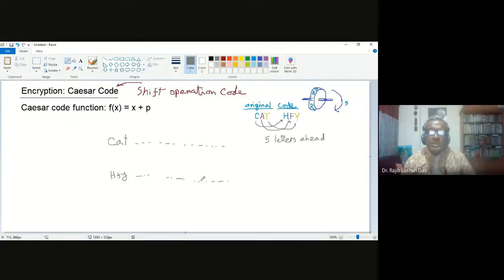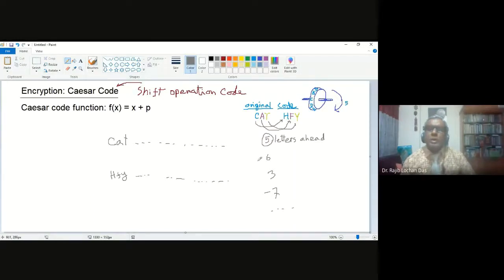In that case it is not very easy. The people were crazy to find out the logic or what the original thing was. And every time it was not 5 letters. Sometimes it is 6 letters or 3 letters or -7 letters, something like that.